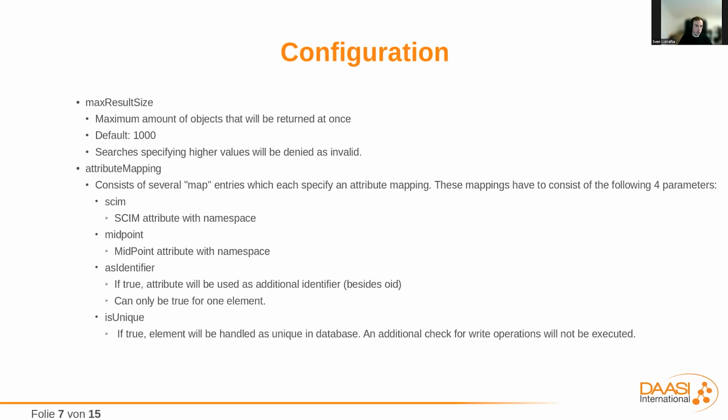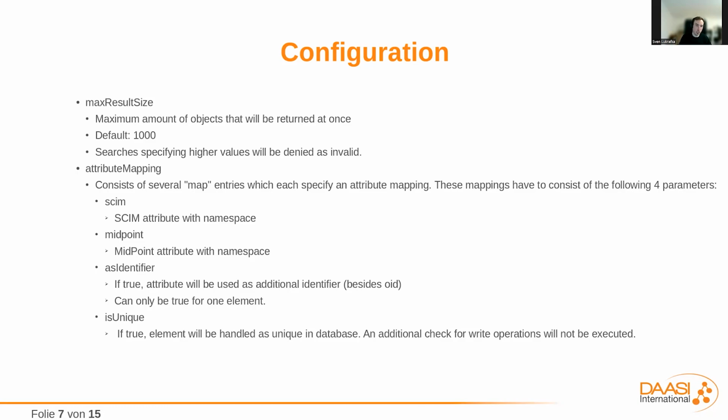Then we also have a parameter which is called isUnique. This one basically defines whether this attribute is unique in the database or not. This one is only there in order to improve search performance, because you can search a little bit differently for unique attributes than for regular attributes. And this will not have to do with any kind of check for write operations.